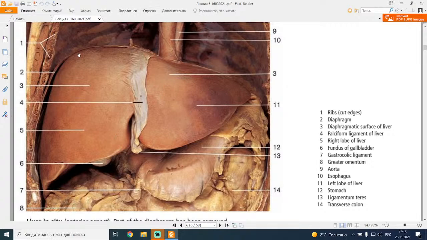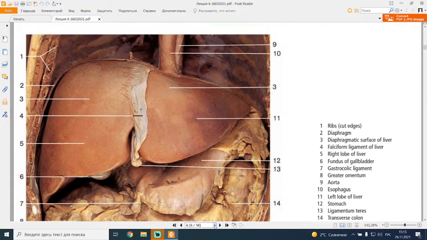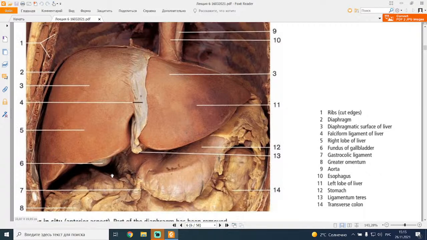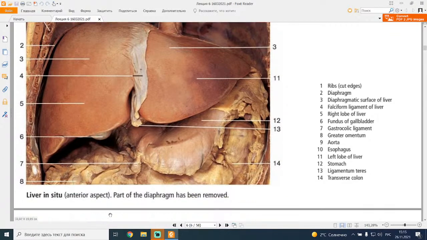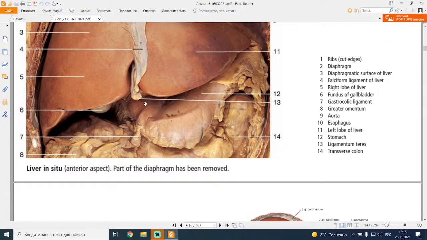This is the diaphragm. You see the stomach. It is the gallbladder. Ligamentum teres.